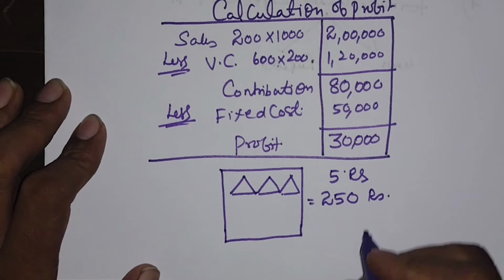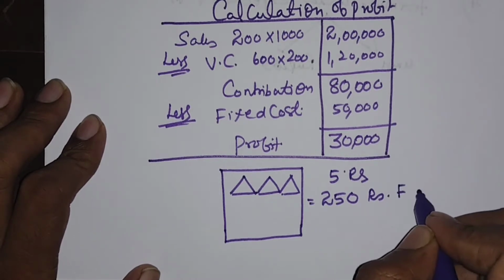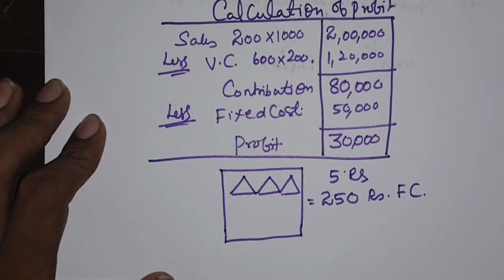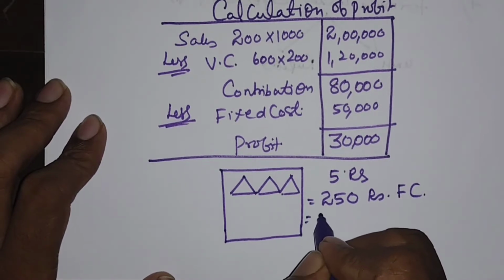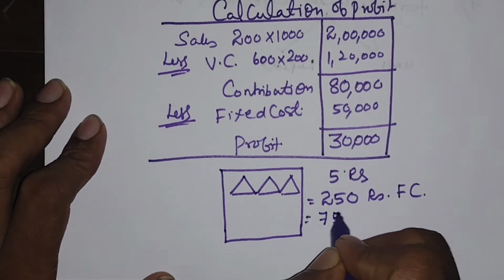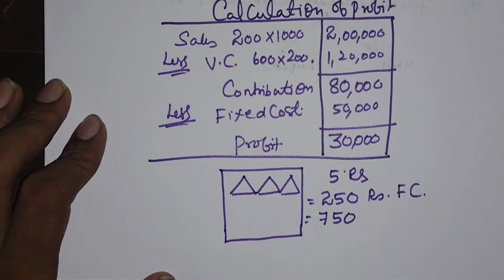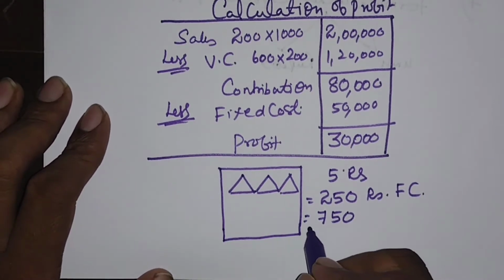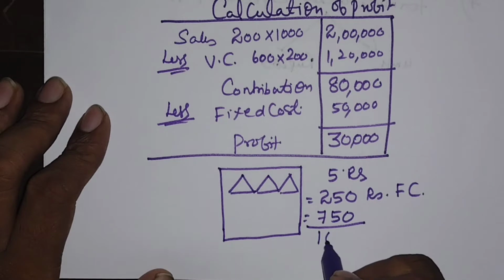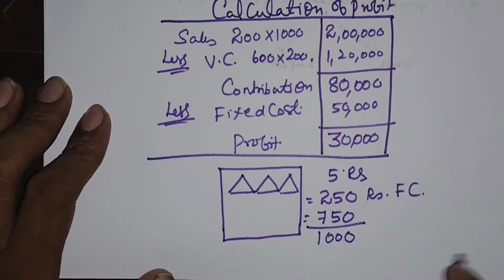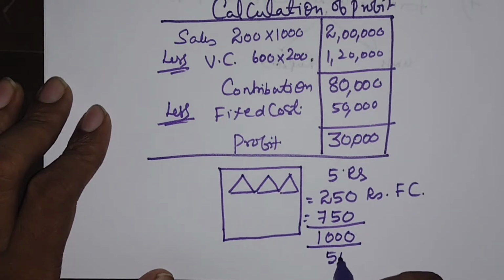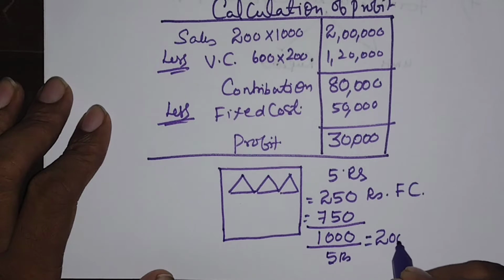That rent he pays is called the fixed cost. And for the ingredients for manufacturing those snacks, he spends 750 rupees. So overall in terms of cash he spends 1000 rupees. So 1000 rupees divided by 5 rupees is 200 units.